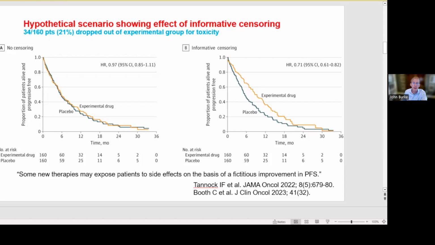And what that actually leads to here is an apparent improvement in the progression-free survival of patients getting the experimental drug, even though there was no improvement in clinical benefit. There's no clinical benefit to the patient. This was just a difference of drop-off rate that led to this apparent improvement in progression-free survival.